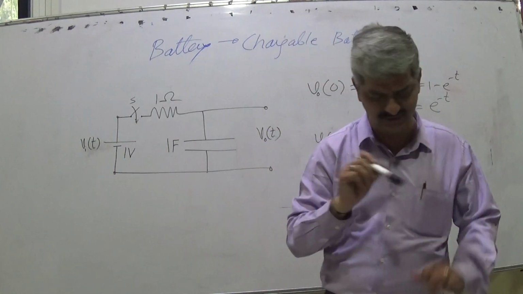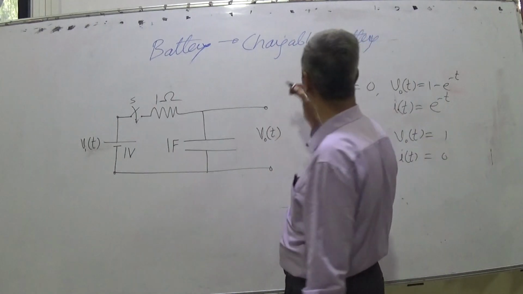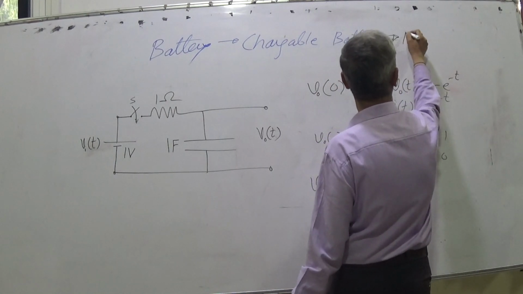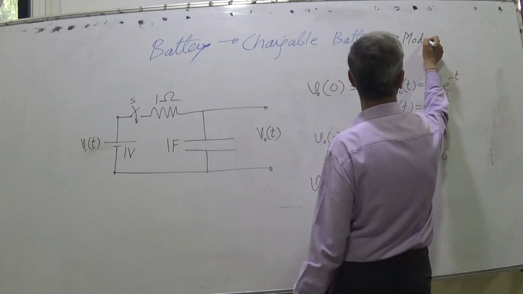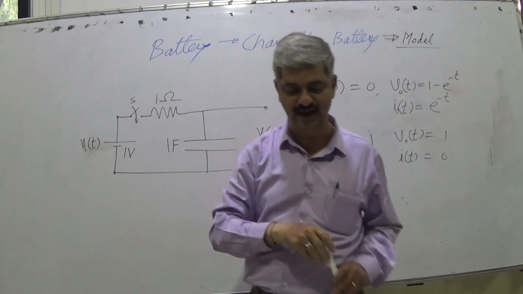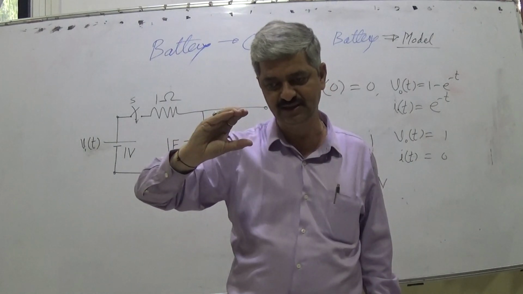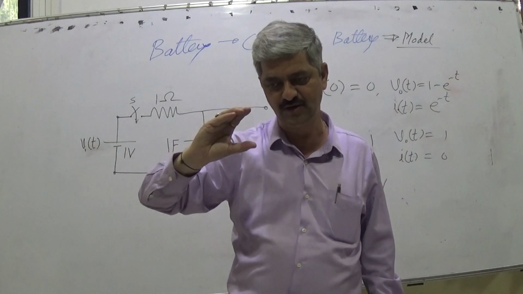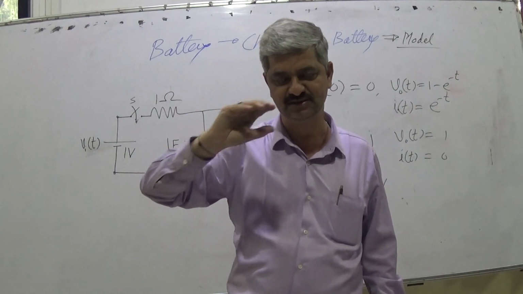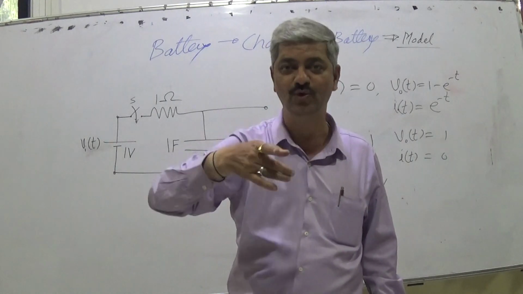Right now, don't take it as any kind of immediate work, but try to think what is the model of a chargeable battery, how you can think of a charge. What happens? A chargeable battery as a model of ideal voltage source, some resistor, something else. I give you a hint, some diode.